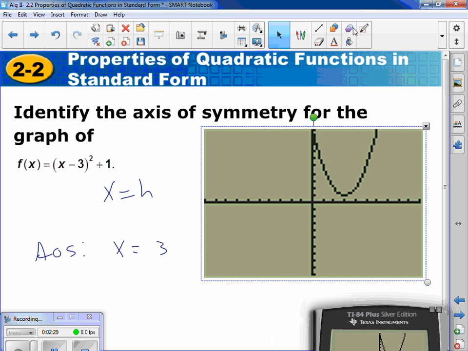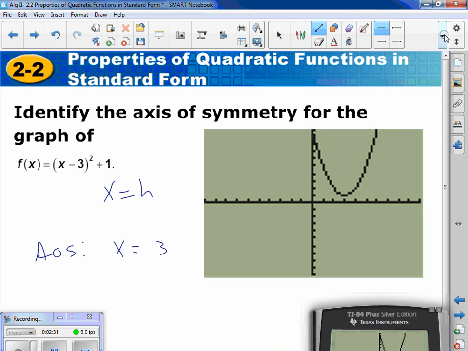There's your graph. You can see that the parabola would be cut in half right here, correct? It passes through x equals 3. Remember from Algebra 1, x equals a number are vertical lines, y equals a number are horizontal lines. So this line, this axis of symmetry, is what cuts it in half.